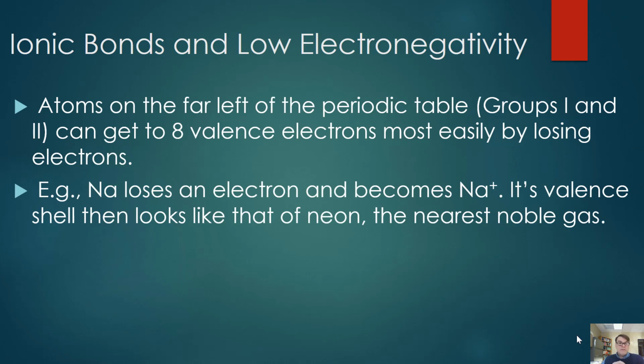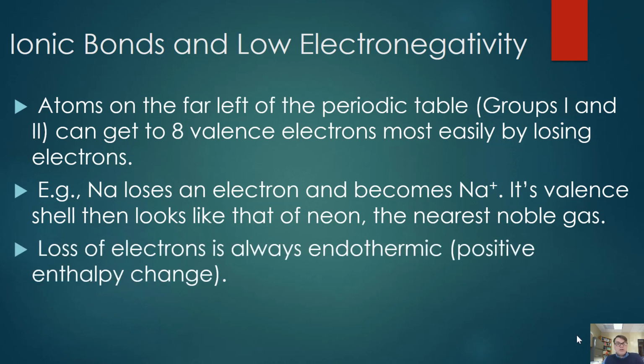So if sodium loses the one electron it has in its valence shell, and becomes sodium plus 1, it loses one negative charge, so it becomes positive. Sodium's valence shell then looks like the noble gas on the period right above it, which is neon. And so we've reached a noble gas, so the octet rule is satisfied.